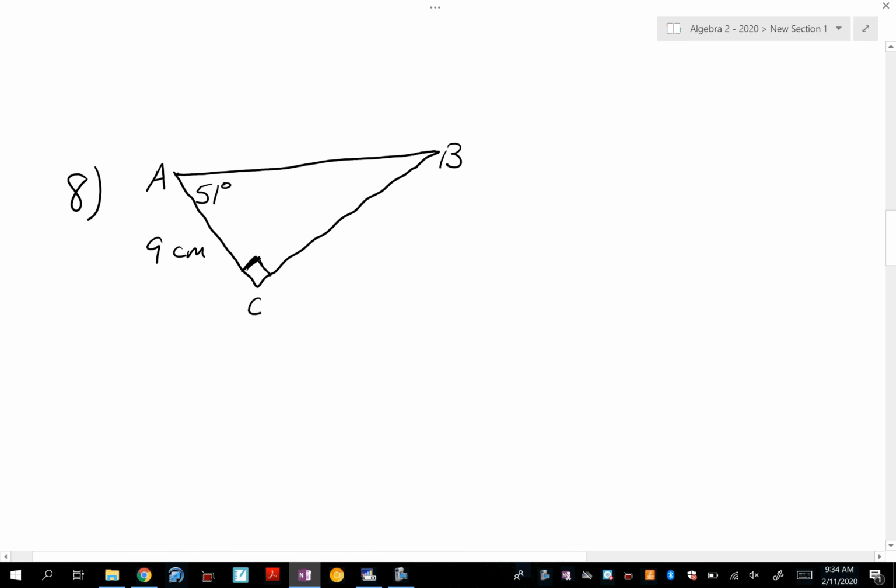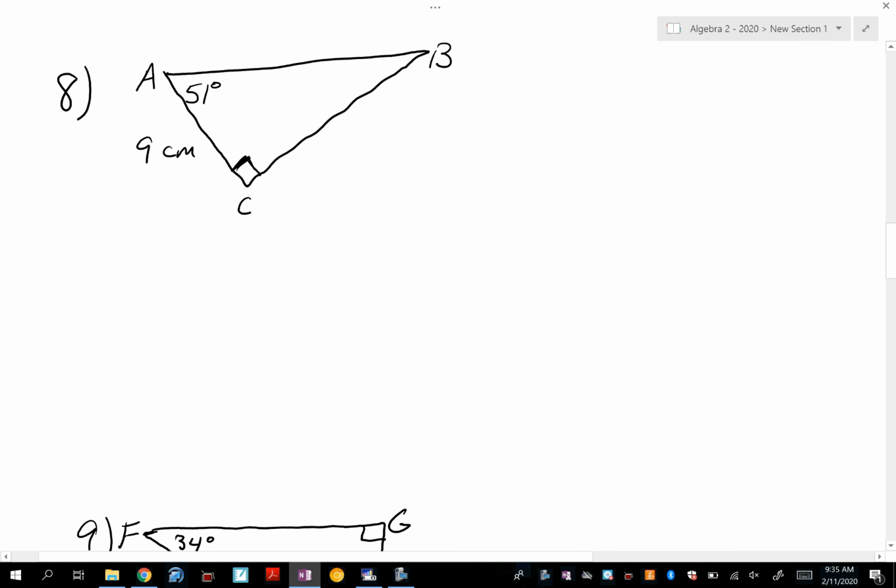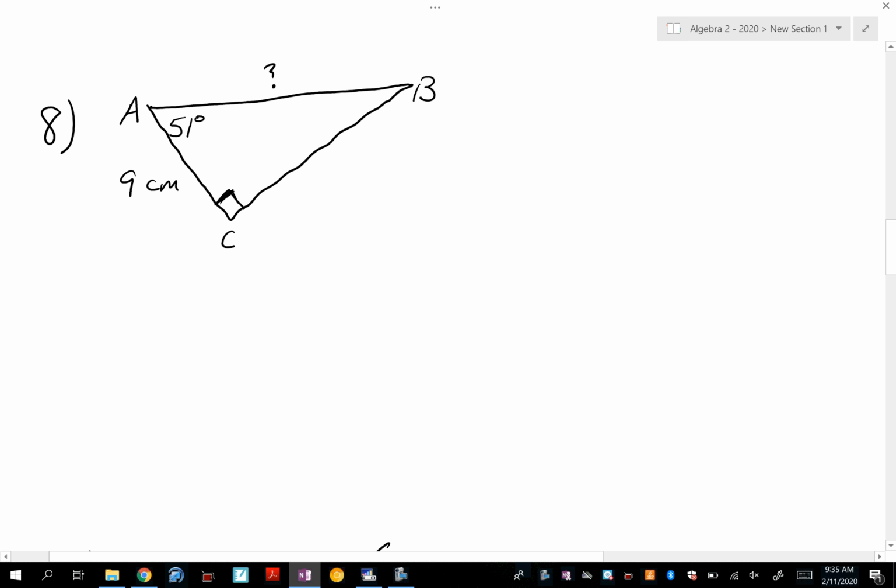Okay, number 8. Number 8 says to solve for AB. So I don't know what that one is, AB. Now again, using the same process we did for number 7, I have angle A, and they're giving me side length AC, which is the adjacent side to angle A. So I know I'm going to be using some ratio with adjacent. And then I'm solving for the hypotenuse, because that's across from the 90-degree angle.